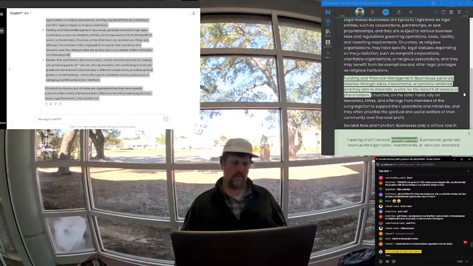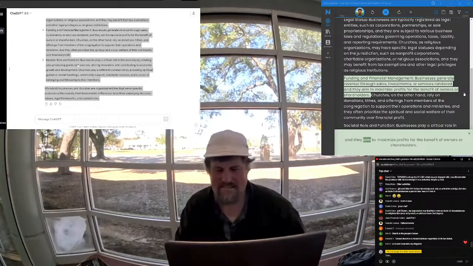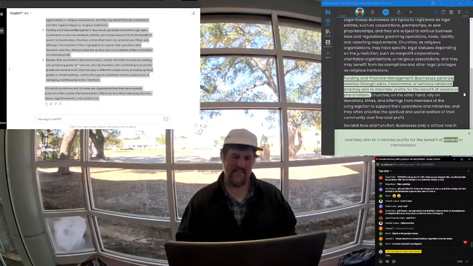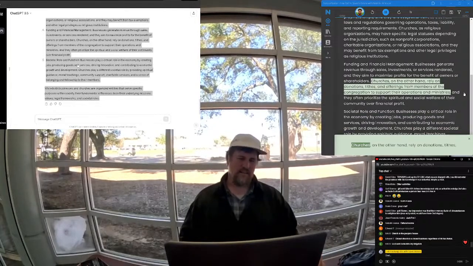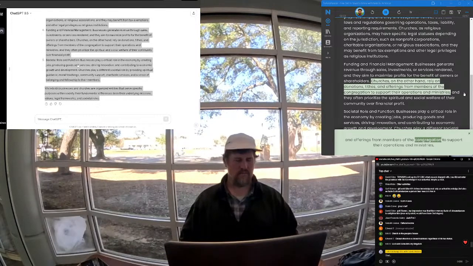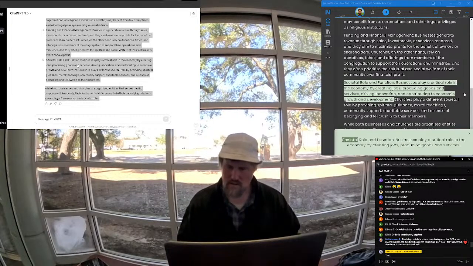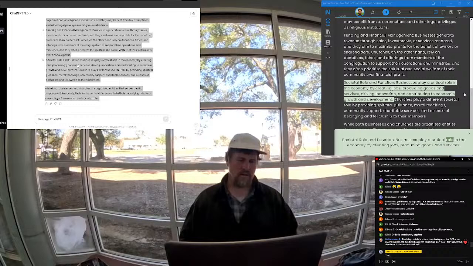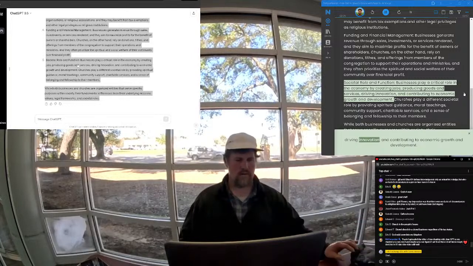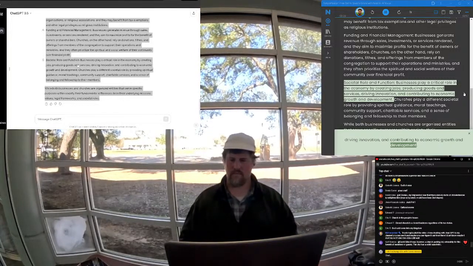Funding and financial management: businesses generate revenue through sales, investments, or services rendered, and they aim to maximize profits for the benefit of owners or shareholders. Churches, on the other hand, rely on donations, tithes, and offerings from members of the congregation to support their operations and ministries, and they often prioritize the spiritual and social welfare of their community over financial profit. Societal role and function: businesses play a critical role in the economy by creating jobs, producing goods and services, driving innovation, and contributing to economic growth and development.